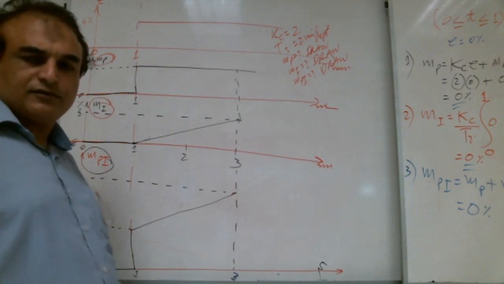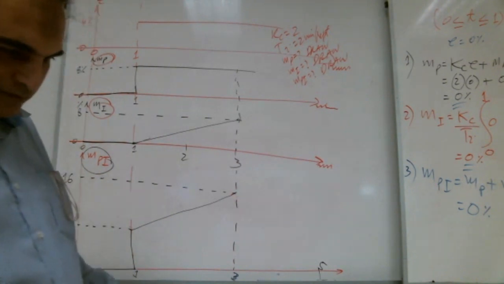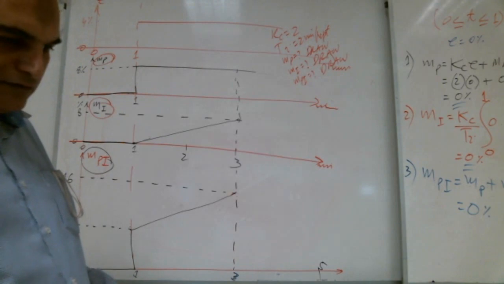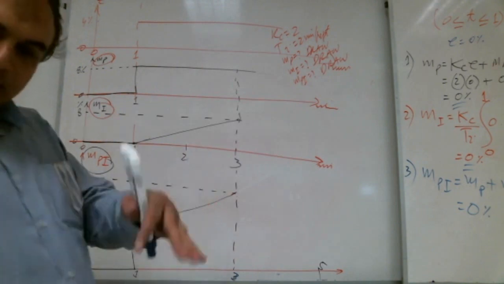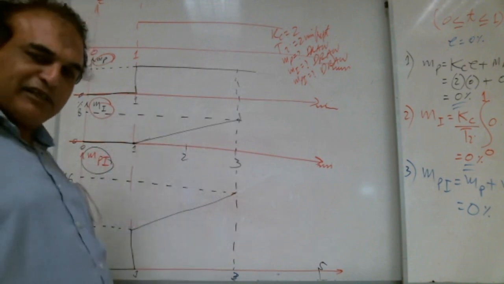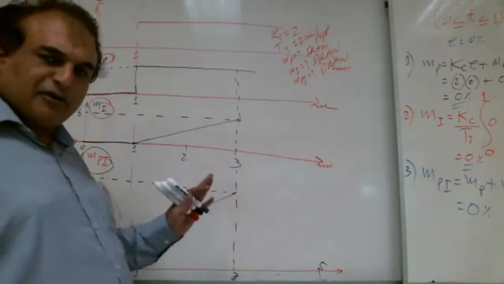Teacher, can you again explain how to draw it? Which one? All. Now you just draw it by yourself. Try it by yourself. If you don't get it, then ask me again, no problem.